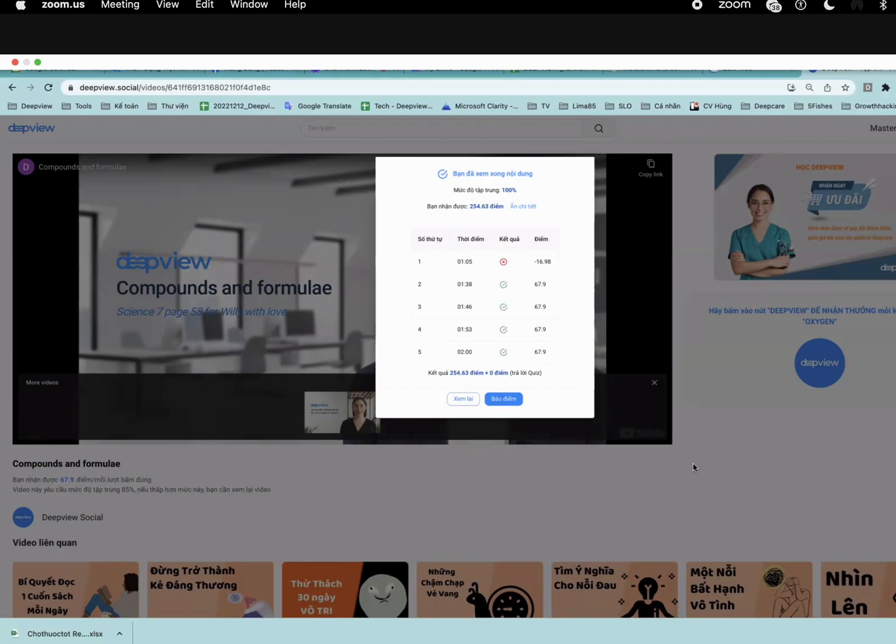So they will learn every day and compete with each other in concentration level. And I guess that this way we can get the students to learn hard every day.